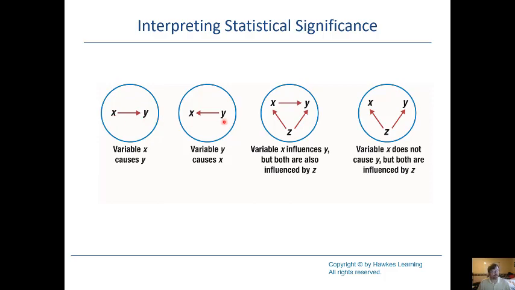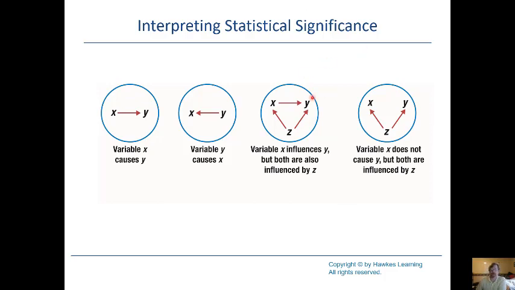However, higher temperatures causing ice cream sales would make sense. We can also have one variable influences another, but both are also influenced by a third. Or we could have neither variable influences the other, but both are influenced by a third. So, ice cream sales and murder rates could both be influenced by high temperatures. I don't have a good example for this middle one right offhand.